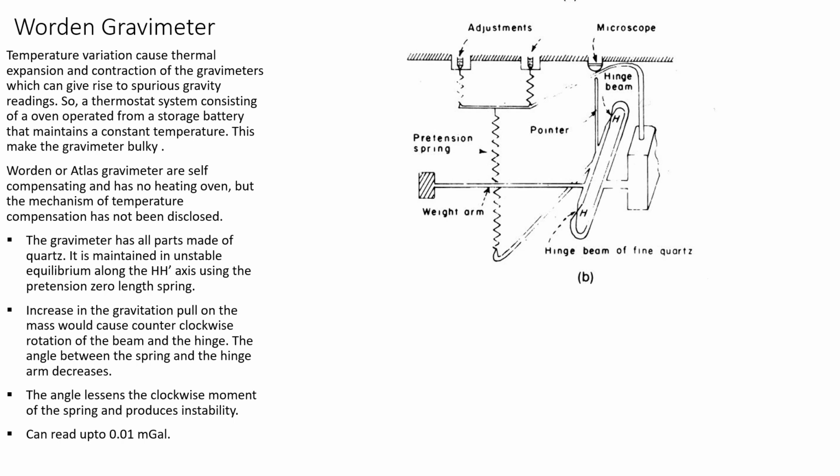That is, if the rotation was in the anti-clockwise direction because of the pull of the weight arm, the restoring force in the spring would be in the clockwise direction.